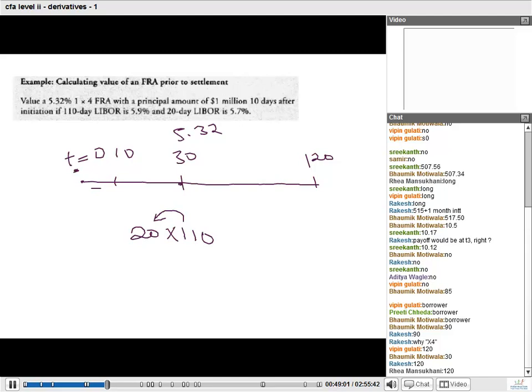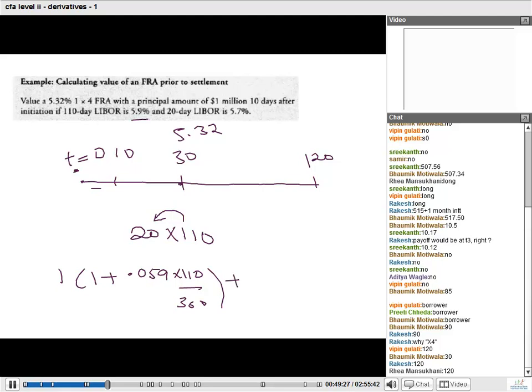So compute the 20 into 110 day rate with the given information. If I just go out and borrow for a period of 110 days, then the rate that I'm getting is 5.9%. Instead of that, I can borrow for a period of 20 days.